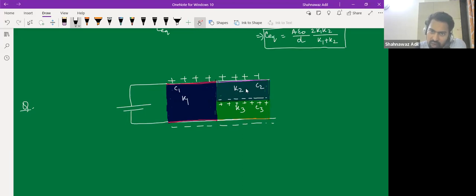So these two are connected in series or parallel? Yes, Chavez. These two are connected in series or parallel?